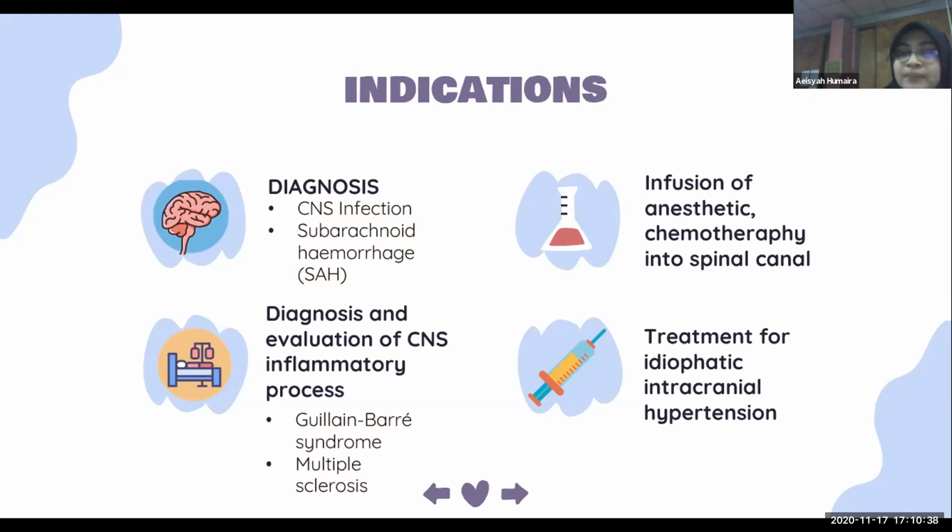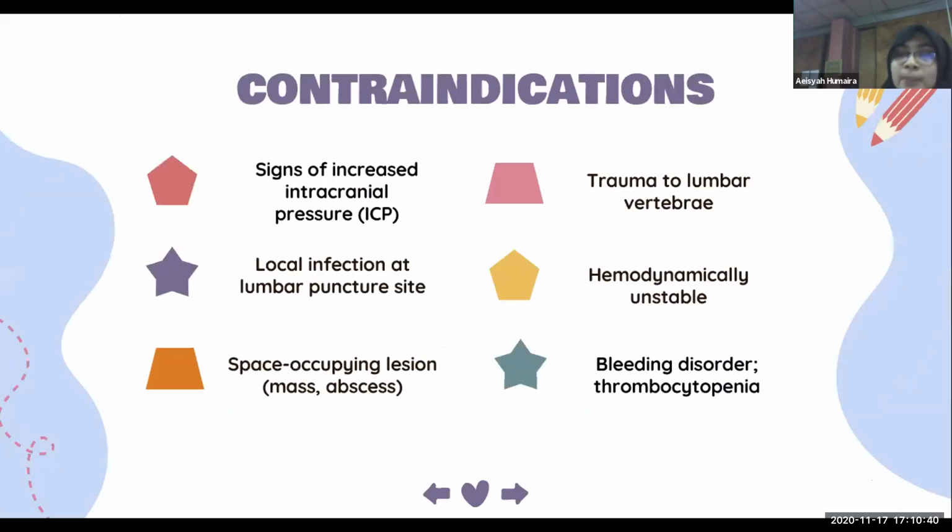Next, lumbar puncture is contraindicated when there are signs of increased intracranial pressure, such as papilledema. Second, when there is local infection at the lumbar puncture site, because with cellulitis or soft tissue infection there, meningitis or other infection may be induced. Thirdly, when there is a space-occupying lesion such as a mass or abscess, or trauma to the lumbar vertebrae.